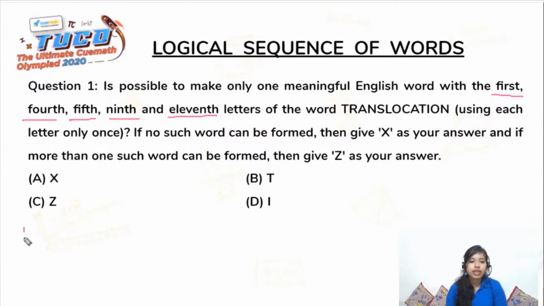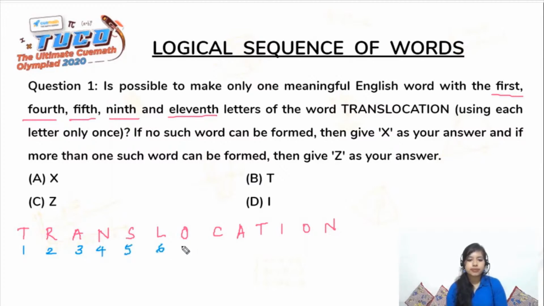So let me again write down the word translocation. T-R-A-N-S, trans, L-O-C-A-T-I-O-N. Okay, and let's quickly mark the positions of this. 1, 2, 3, 4, 5, 6, 7, 8, 9, 10, 11, 12, 13.